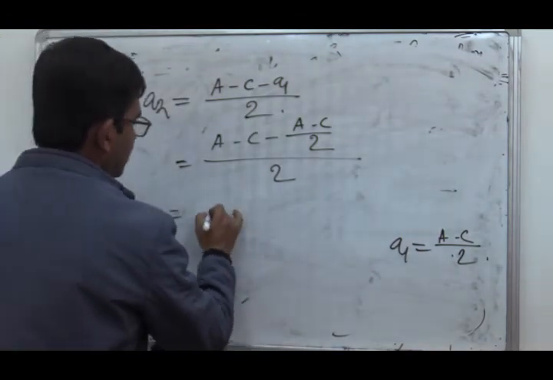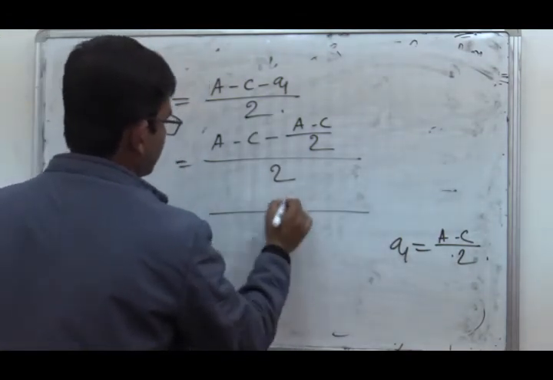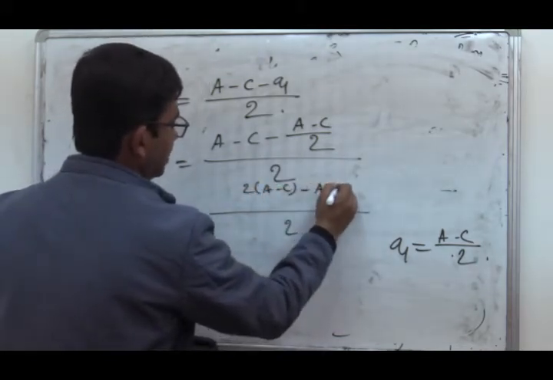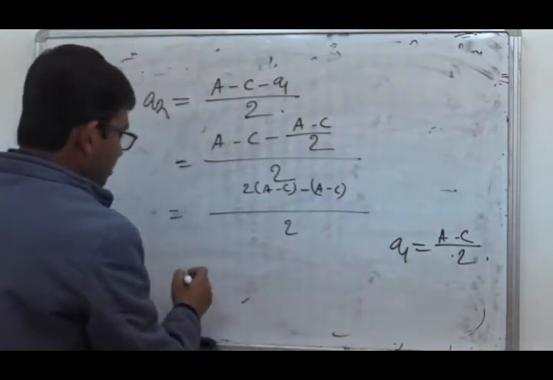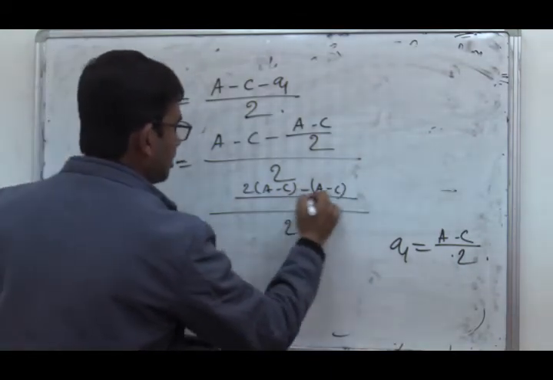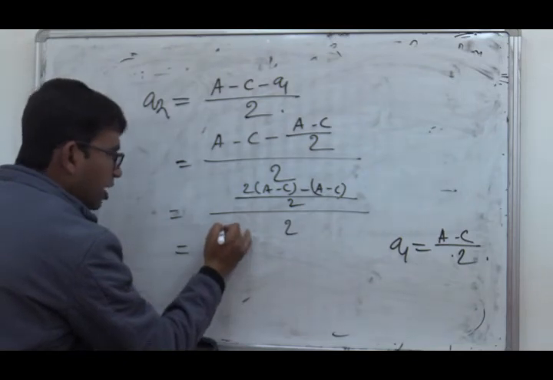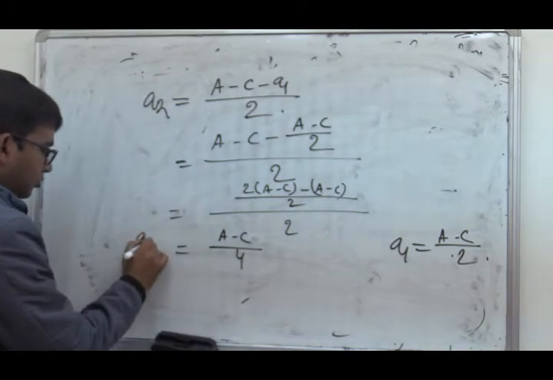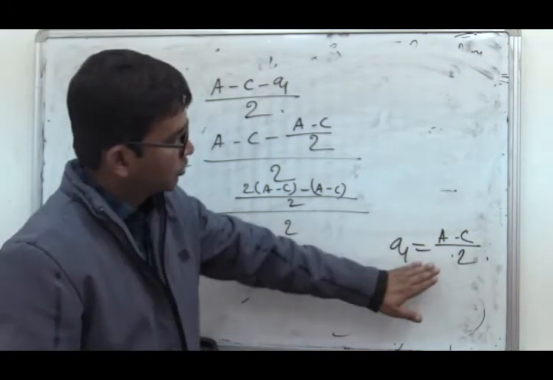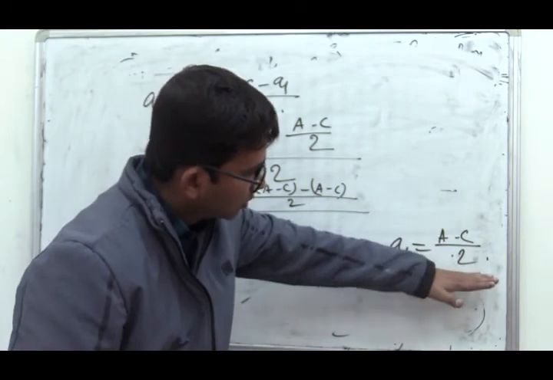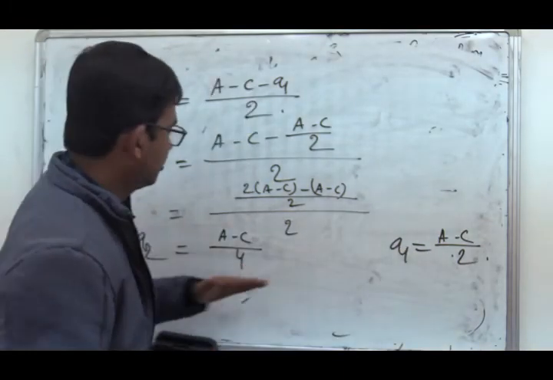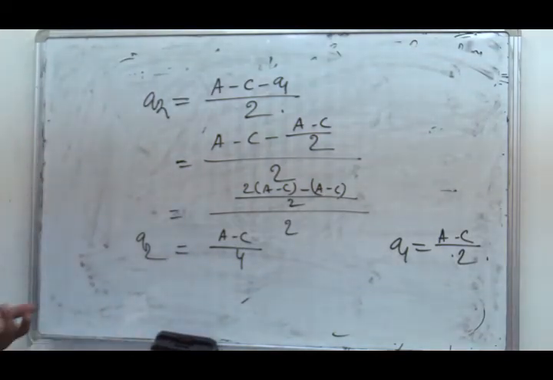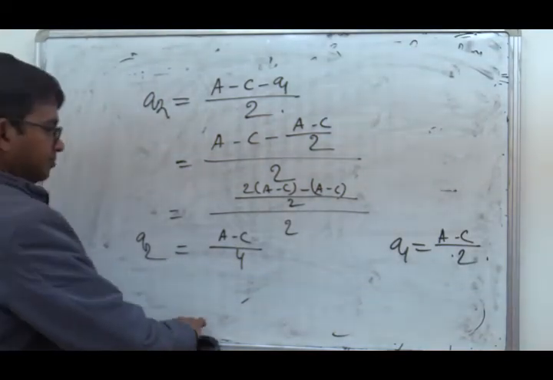So it will come (A minus C) divided by 4. So see, the equilibrium level of output of the leader is just twice the output of the follower. This is the special feature of the dynamic Cournot model.